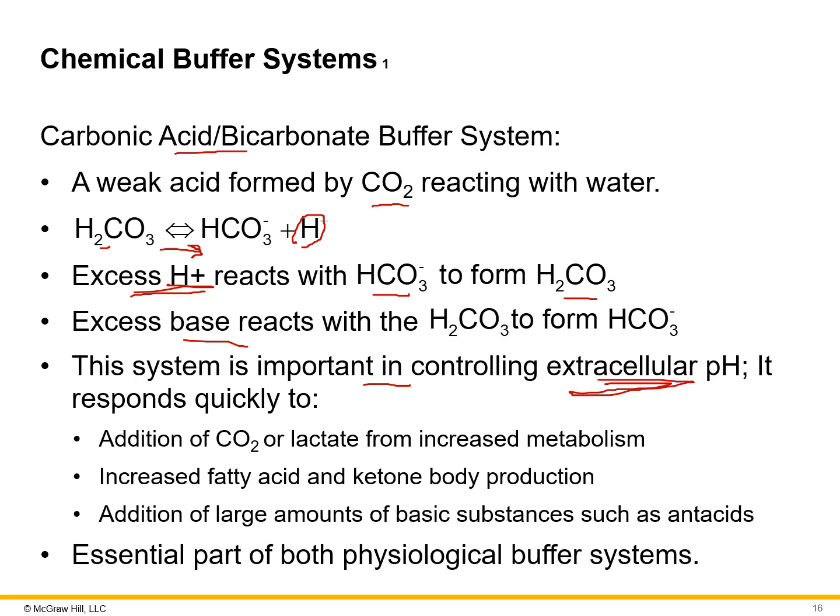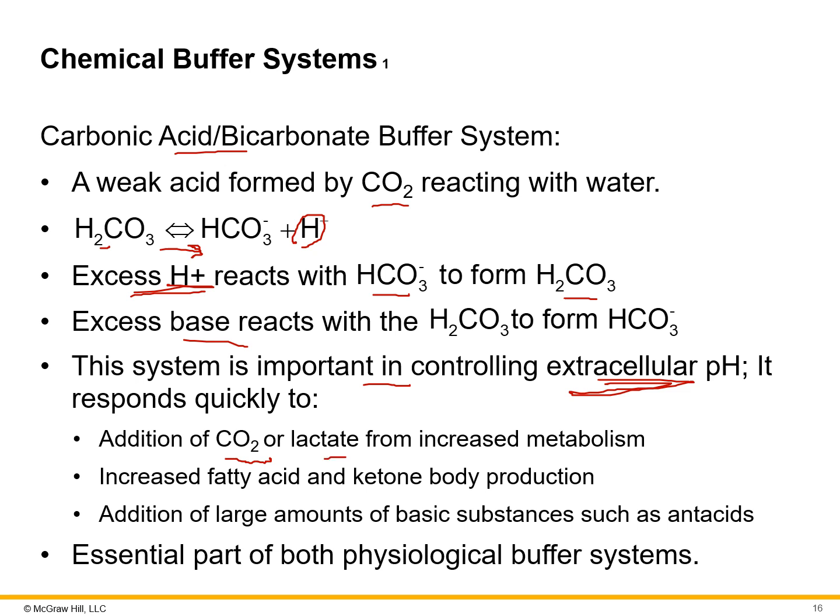It responds quickly to adding carbon dioxide. So if we're holding our breath, for example, that carbon dioxide builds up in our lungs. The extra carbon dioxide makes more carbonic acid that releases more hydrogen ions, and our pH lowers. Same thing with lactate.